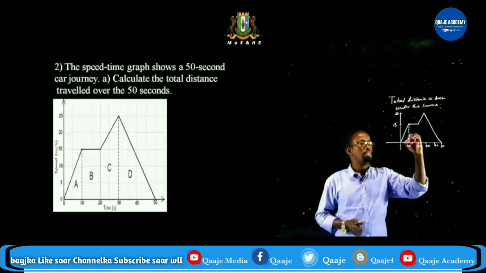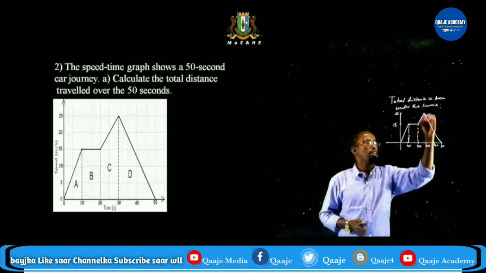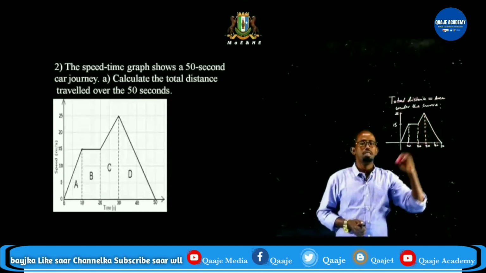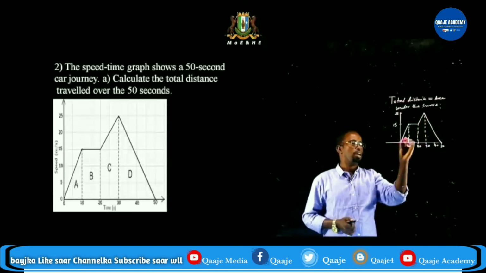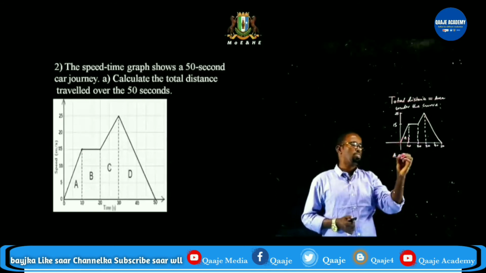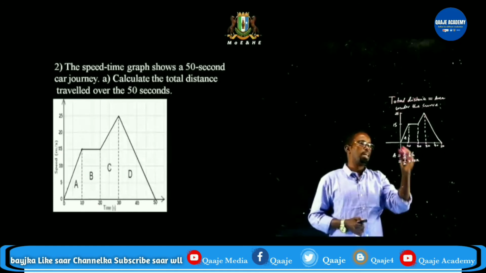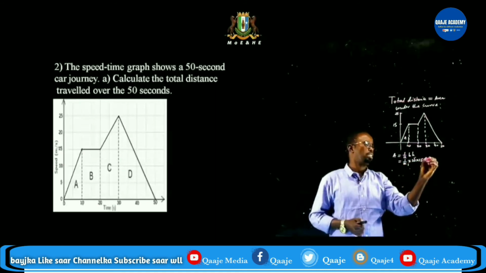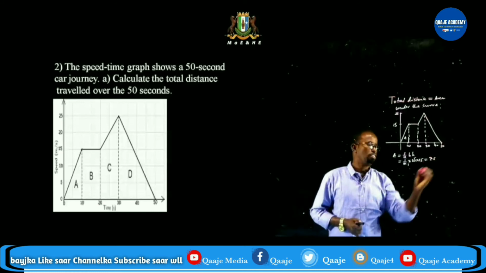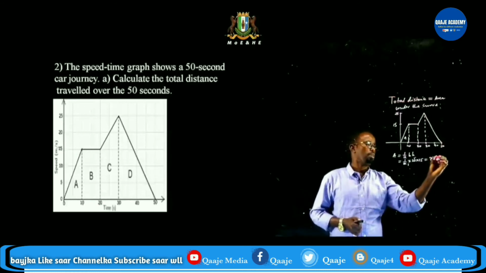Now let's try to find the area of the first one. We subdivide. So A will be equal to, since this one is a triangle, a half base times height. So a half times the base is 10 times the height, which is 15. Therefore you get 75 meters squared.